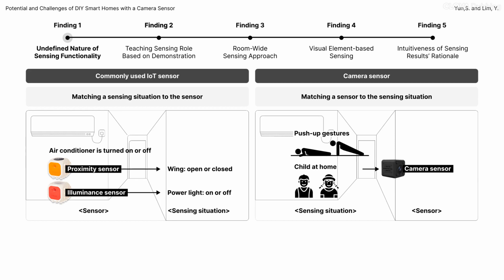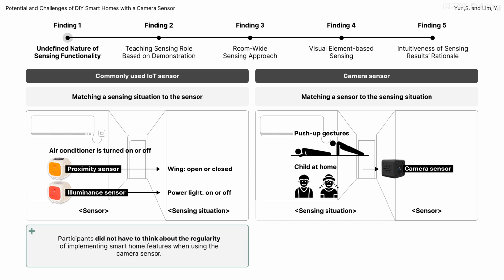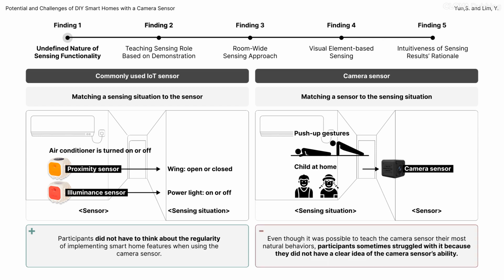In contrast, when using a camera sensor, which has no predefined sensing functionality, participants were able to match the functionality of the sensor to the situations they really wanted to sense, without any restrictions. For example, a camera sensor can detect the movements of someone doing push-ups or identify which child has arrived home. With the camera sensor, participants did not have to think about the regularity of implementing smart home features. But they sometimes struggled with it because they did not have a clear idea of the camera sensor's ability.